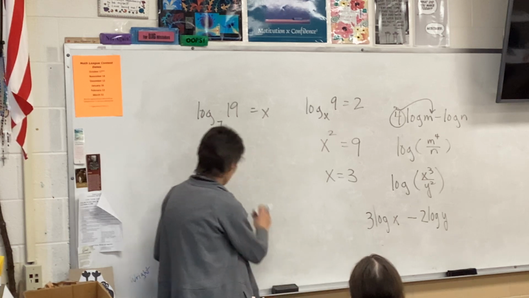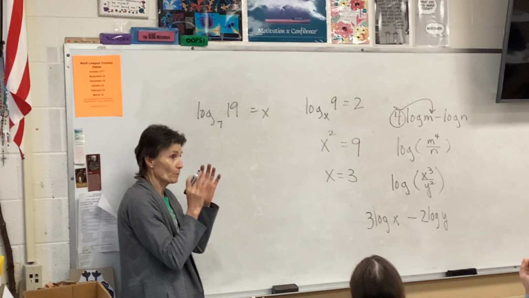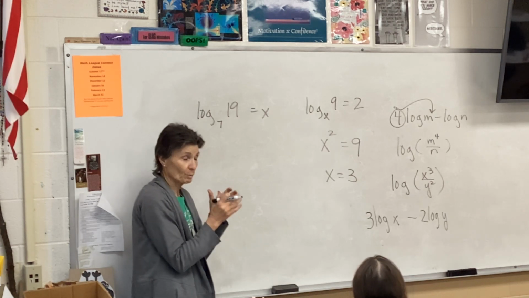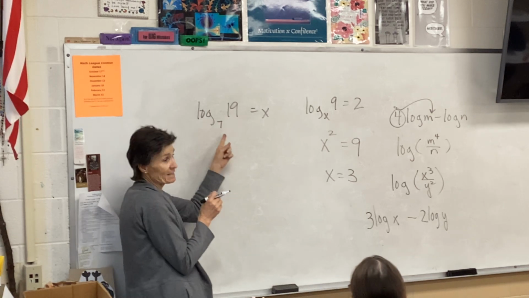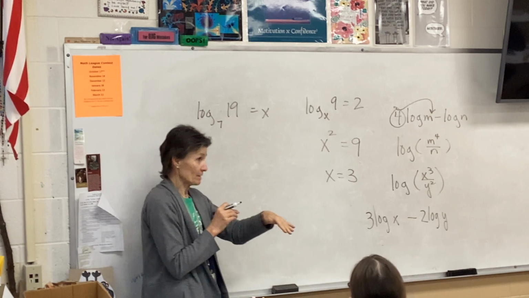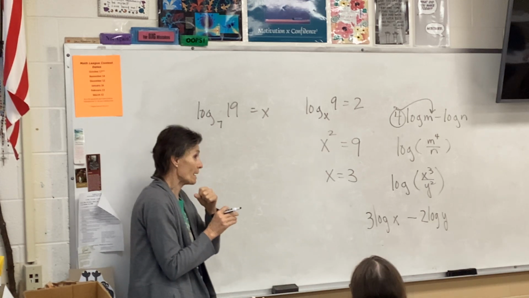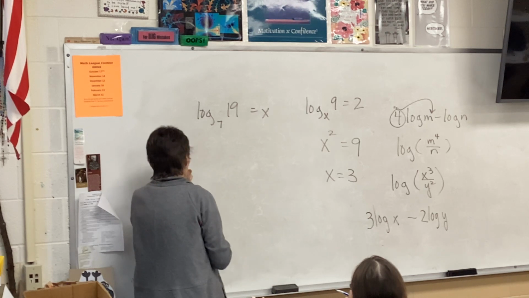Alright, now there are 2 different ways you can do this problem. If you remember the conversation we had when we did this in our notes, this is a base 7. My calculator doesn't do base 7. So we have a way of changing the base.